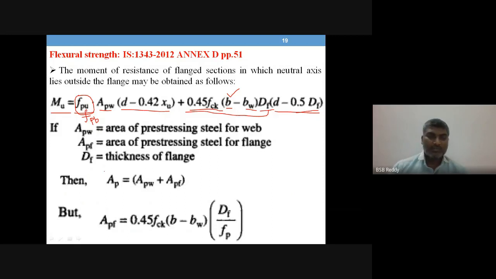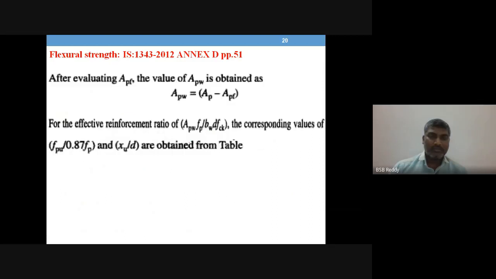To find APW, which is required for reading the values of FPB and XU from table 11, you need the APW value. That is found from the total area of steel minus the area of steel for the flange. The area of steel for the flange is calculated by equating tensile force to compressive force pertaining to the flange.